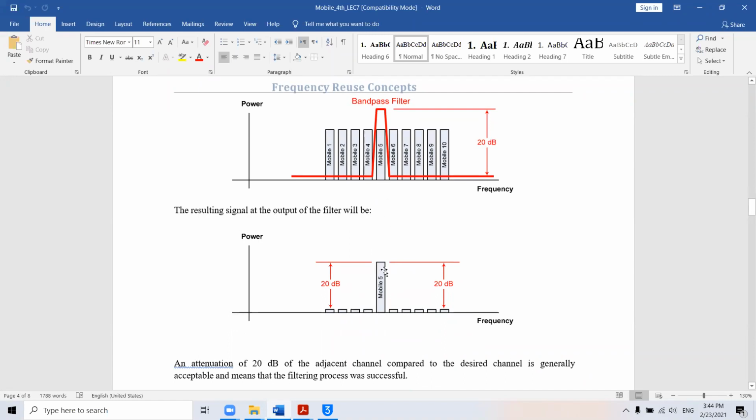Mobile 5 is amplified by 20 dB, while the other channels are attenuated by 20 dB. So easily we can extract mobile number 5. This is the first scenario.